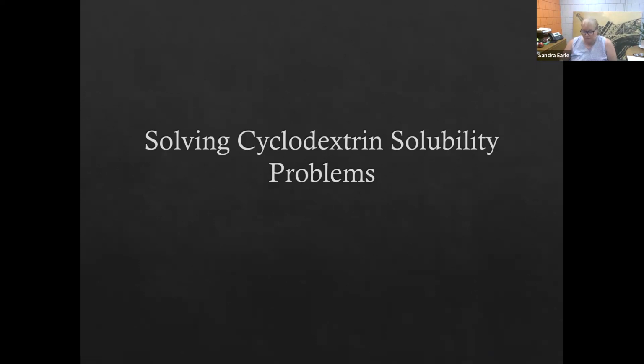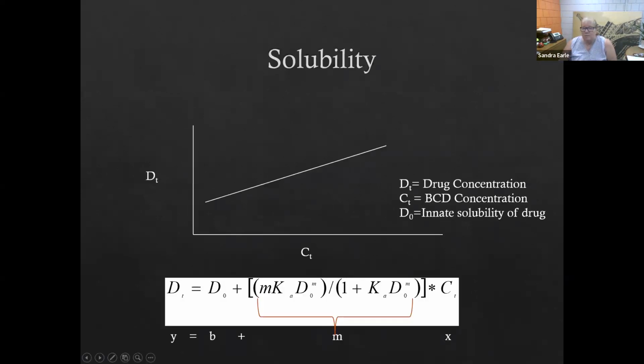Now, remember, again, I'm not sure what you're seeing, so I'm going to remind you that the relationship between the drug concentration that we see and the concentration of beta cyclodextrin we need is a linear relationship. As we increase the concentration of the beta cyclodextrin, as we put more of these little donuts in, we can improve the solubility and therefore increase the concentration of the drug.